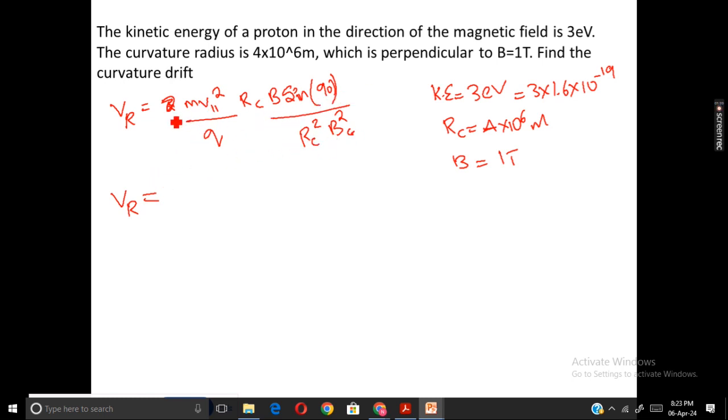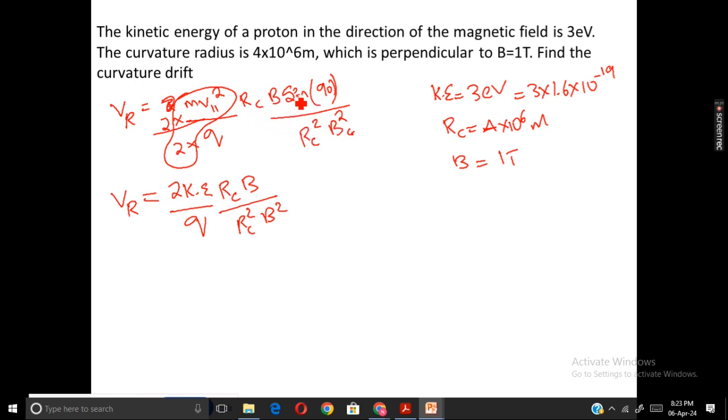Now here we can multiply 2 on both numerator and denominator. This term will become kinetic energy, so 2 kinetic energy by q into R_c B by R_c square B square. So here what we did is, the basic equation is m v parallel square by q into R_c cross B by R_c square B square.